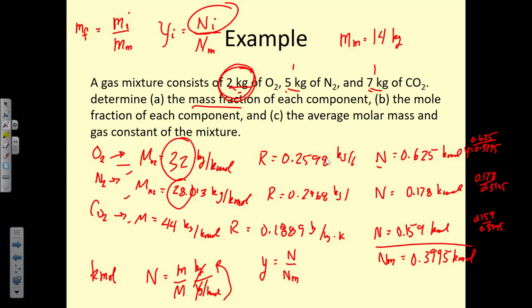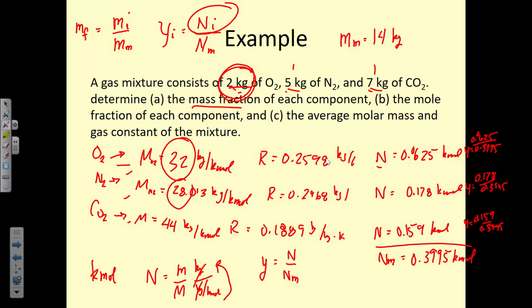So that's our molar fractions for each individual substance. So how's it 0.3995? Is that just, 0.0, sorry, it's a 0.065. Good catch, because that wouldn't have added up otherwise.